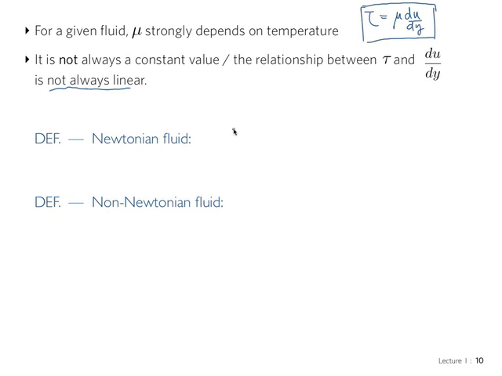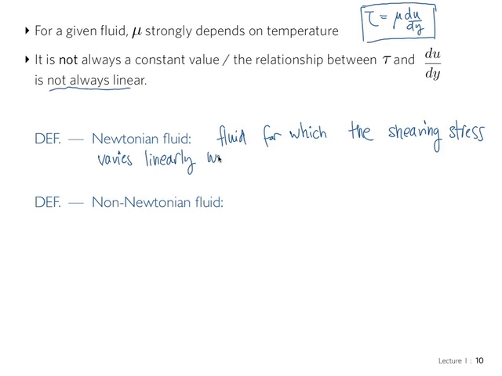This is a fluid for which the shearing stress tau varies linearly with the rate of shearing strain.